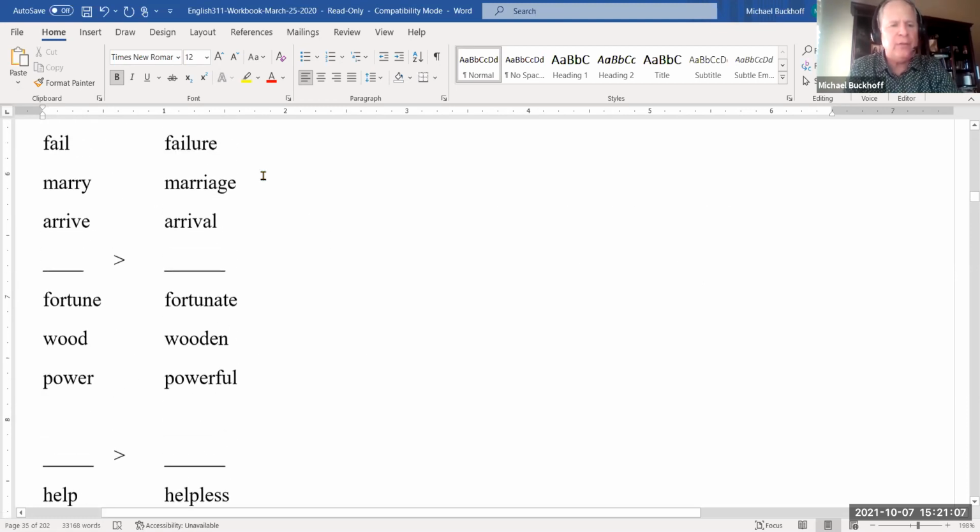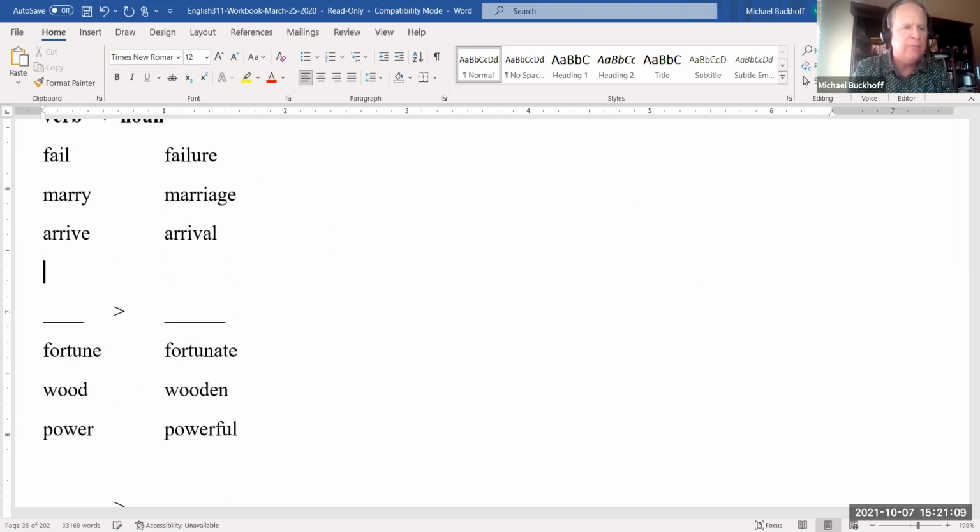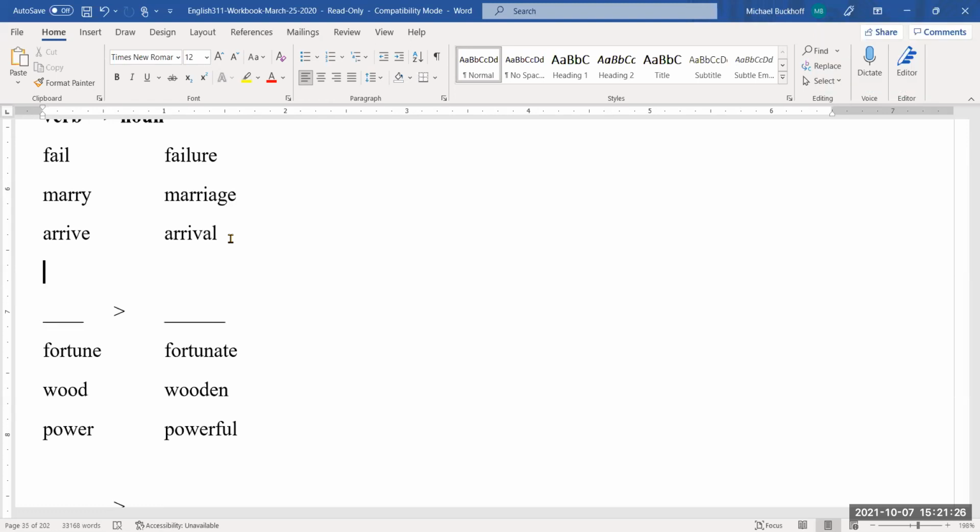So let's look at another one, see if we can describe this one. Fortune, fortunate, wood, wooden, power, powerful. So what's the derivational process going on here? Noun to adjective. Good.